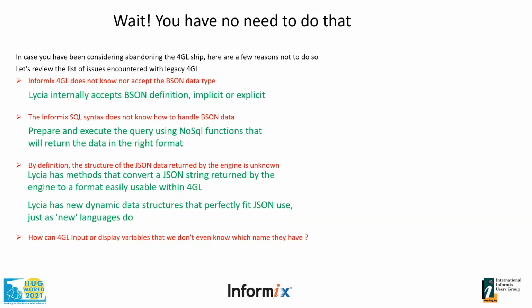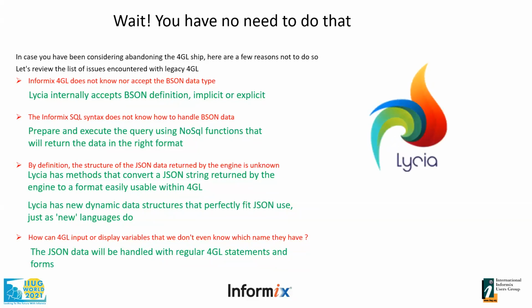And last question: how can 4GL input or display variables when we don't even know what names they have? JSON data will be handled with regular 4GL statements and forms. So if we believe everything that is written here, with Lycia we have the way to have applications working. This is the answer.